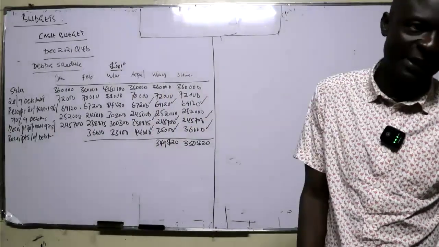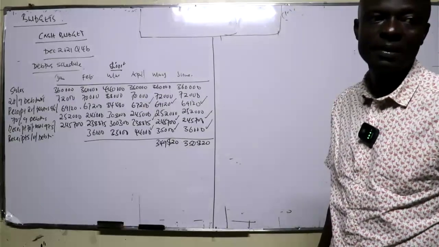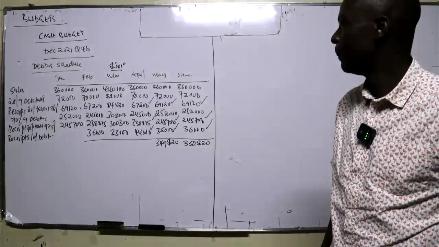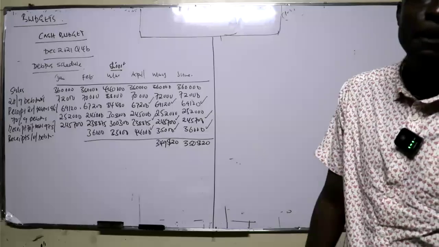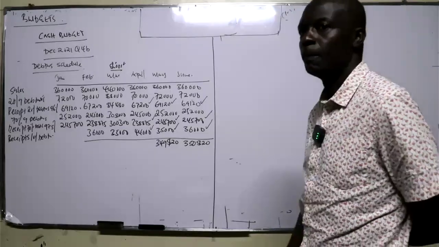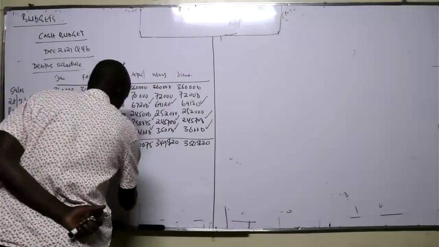Is correct. The next one, April, 350. So those are there.